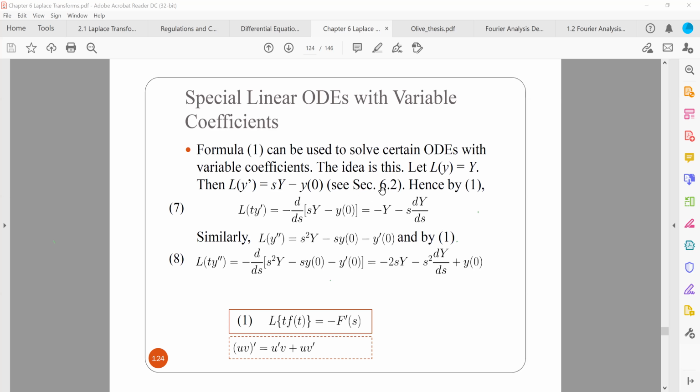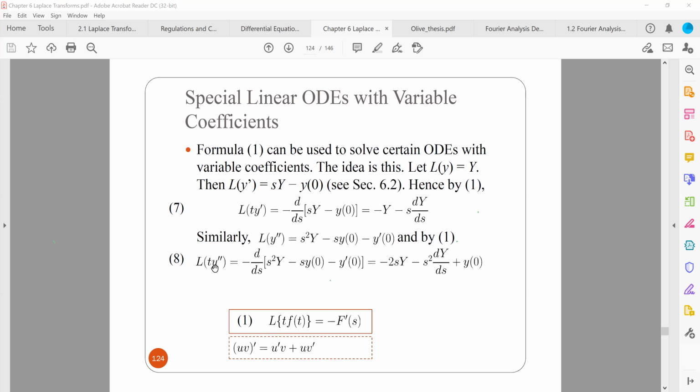Which is y minus s dy/ds. And remember for this one, we said it is equal to this. So the Laplace transform of t y is going to be the negative derivative.